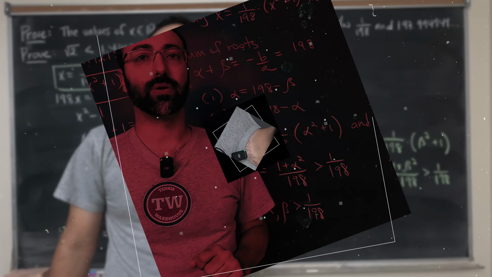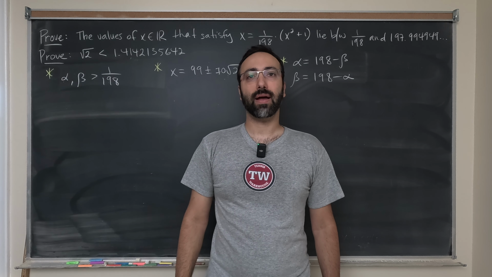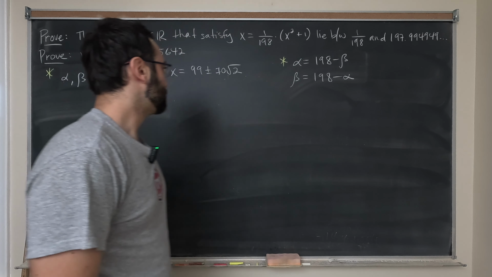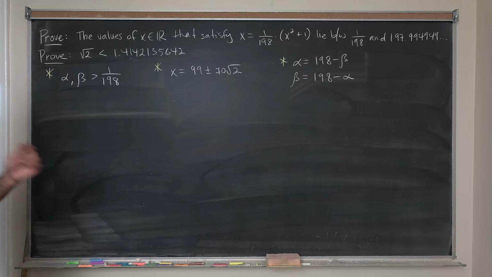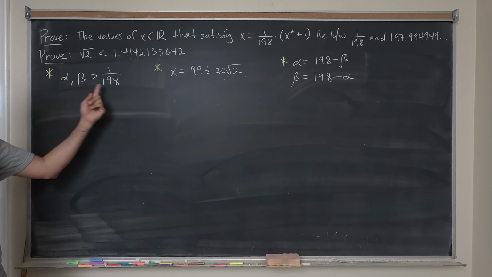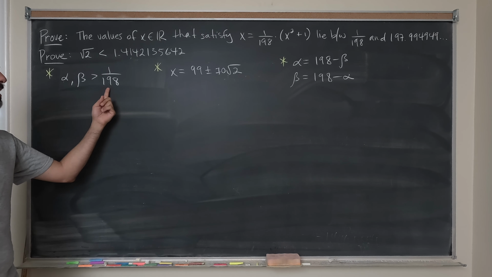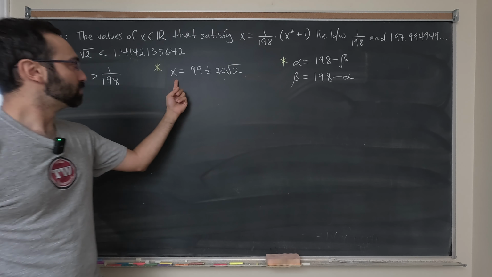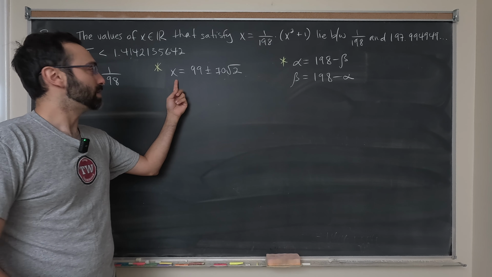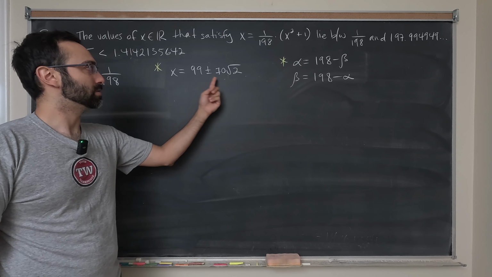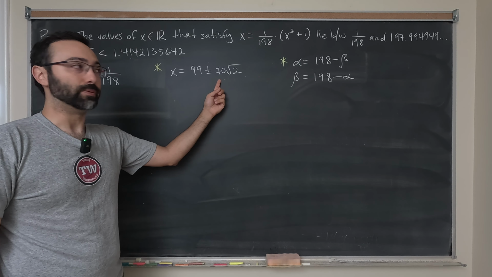So let's take a new board. Okay, here we are now back at our new board. To summarize what we had before, the roots of our quadratic equation, alpha and beta, are greater than 1 over 198. The solution to our quadratic equation was x equals 99 plus or minus 70 times the root of 2.